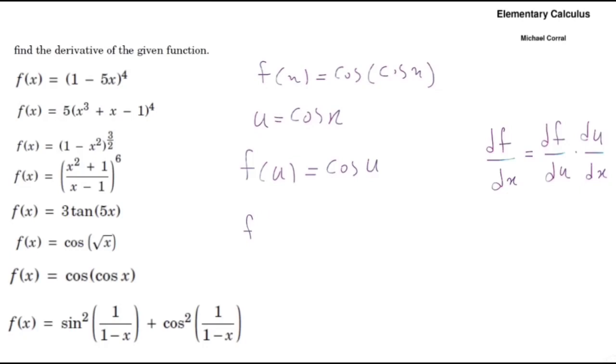So f prime of x equals df with respect to u, which is negative sine u, and du with respect to x is negative sine x.